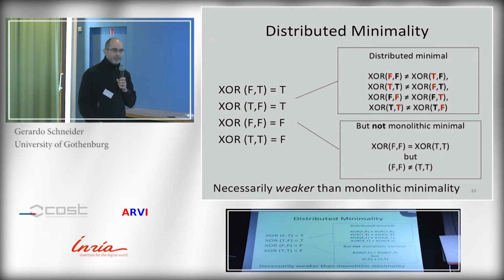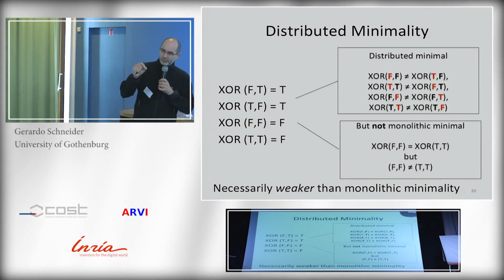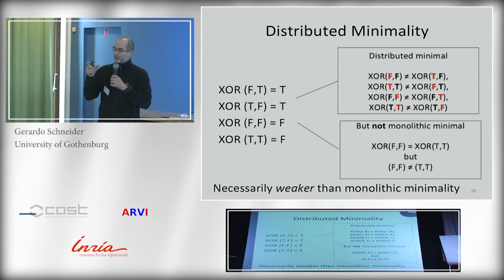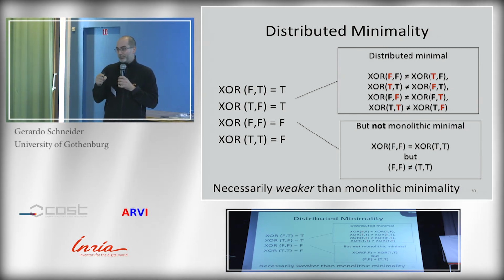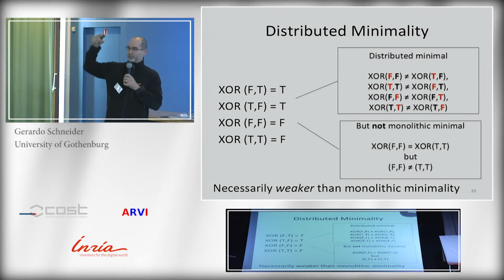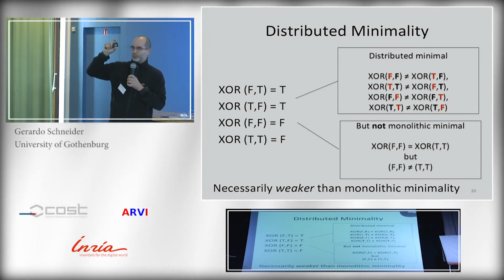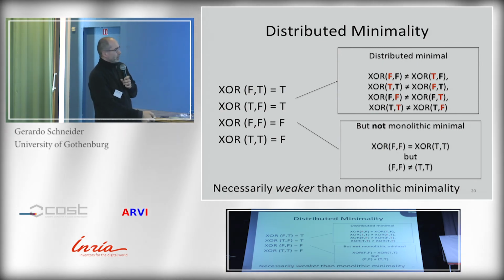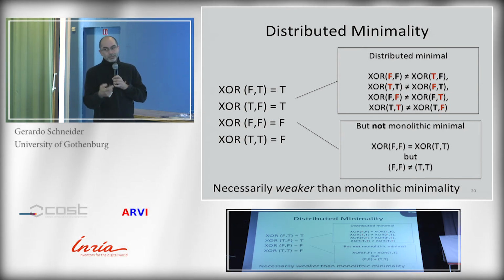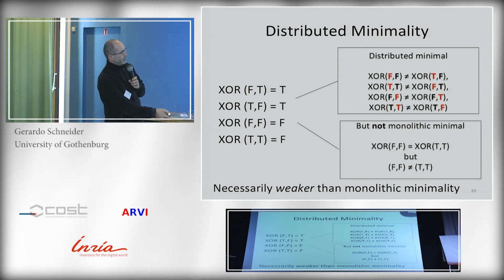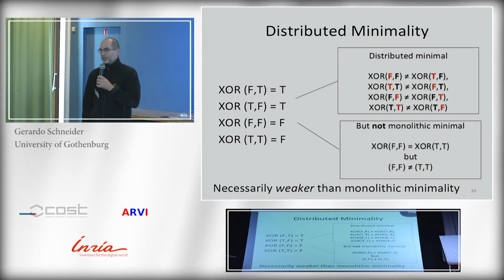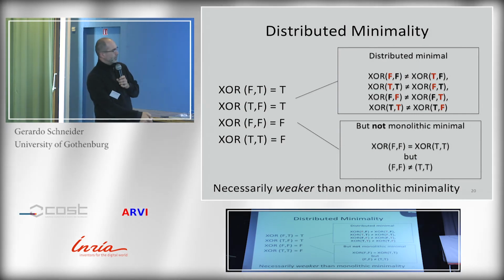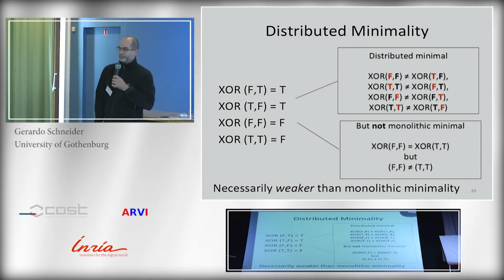What does it mean? If you consider the vectors as if they were from the same source, or not independent, that means you can observe the two inputs and take them as a vector. You say, this is my only input to the program. It's not minimal, because there is a case where the inputs are different, but the output is equal.